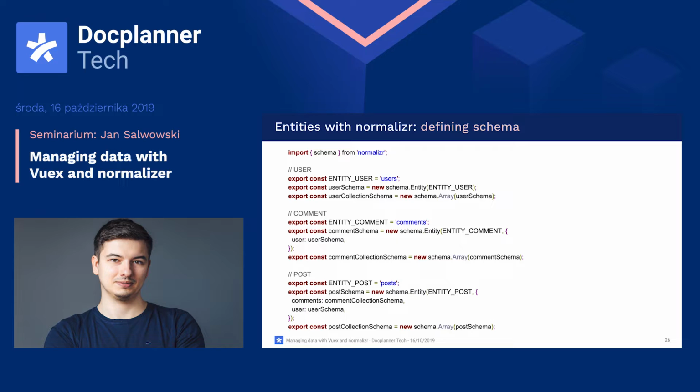So, how does it go? We have some posts, the array of posts, which is our collection, and this is the array of post schema. Post schema has the definition where in the comments field we will have a normalized comment collection, so the array of comments, and also a user based on the user schema. And the same goes for the comment and for the user.